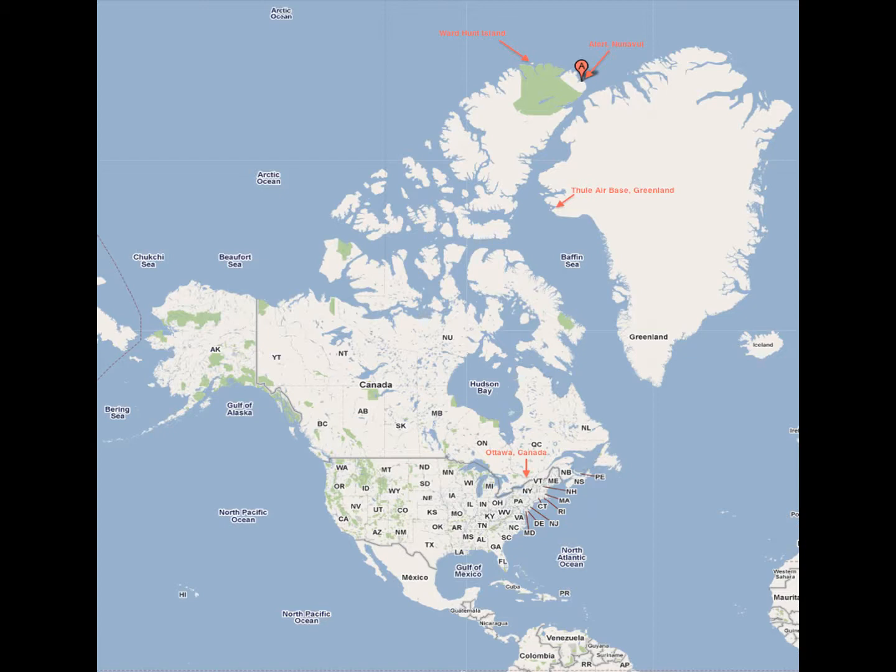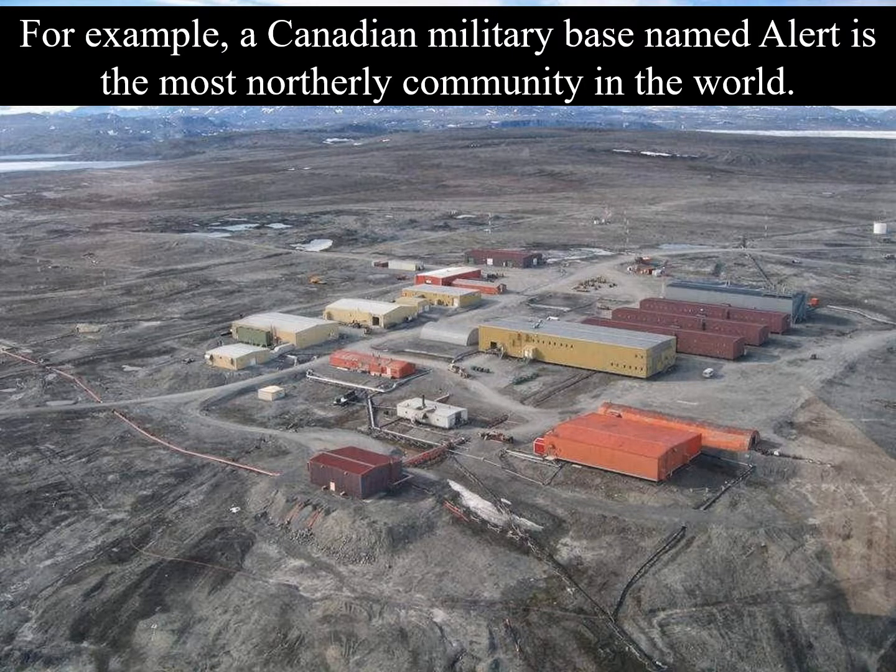Canada is not the only one who pays its citizens to live in this region. Russia does this as well, and part of the reason is because they are trying to establish control as the Arctic Ocean unfreezes. Here we see the Canadian military base in Alert, which is the most northerly community in the world.